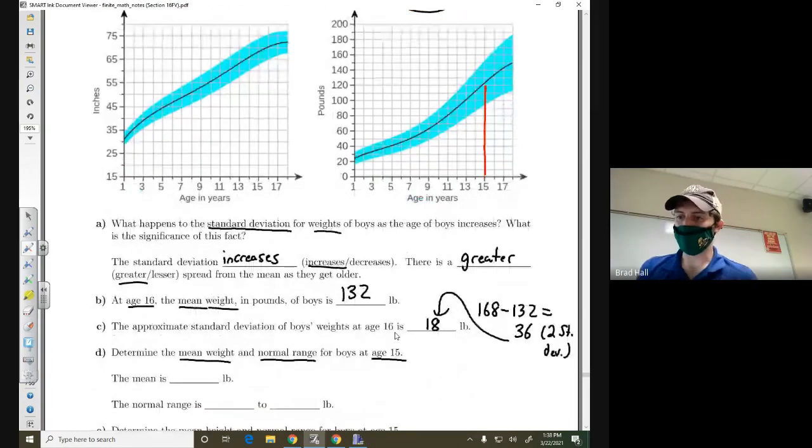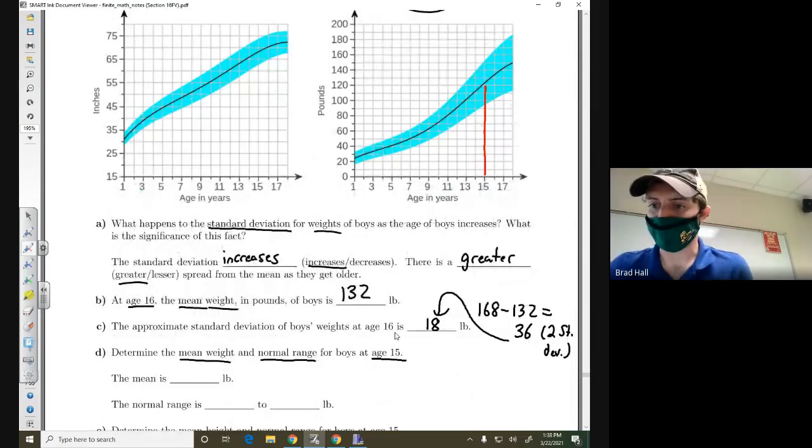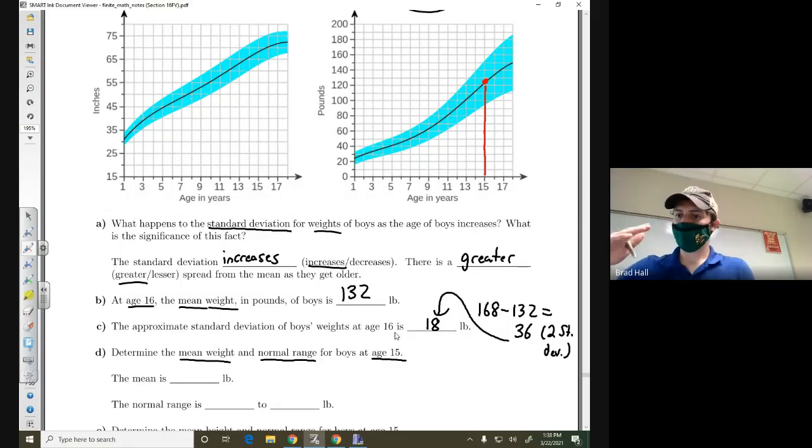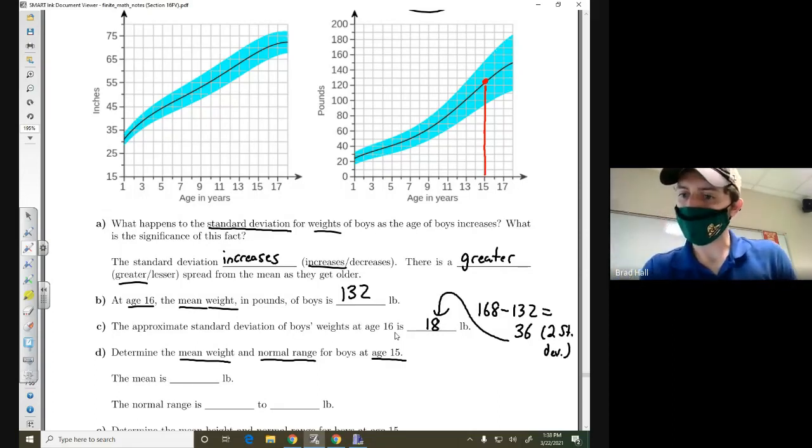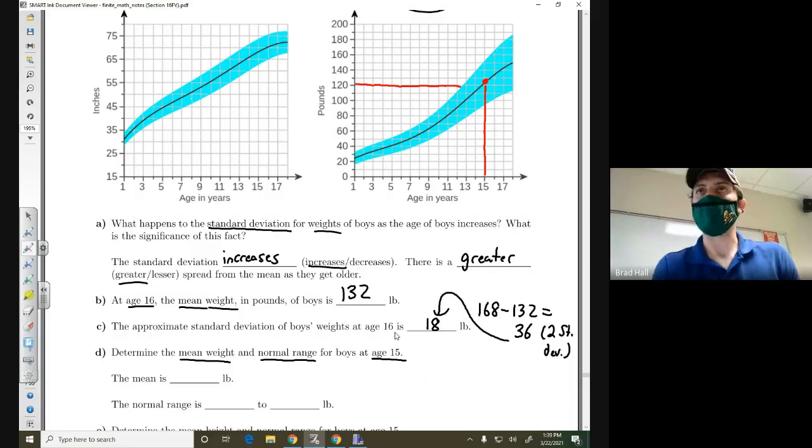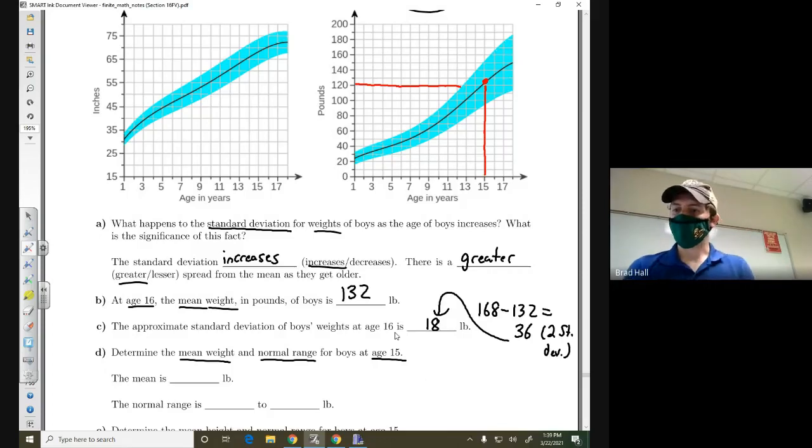And so the mean weight is simply, where does that black line cross? Now, again, it might be a little bit hard to see on my end, but it's slightly above. It almost looks like it's on 120, but it seems like it's the slightest bit above. If you haven't printed it out, it might or might not seem clear like that. I'd say it's 121 though.